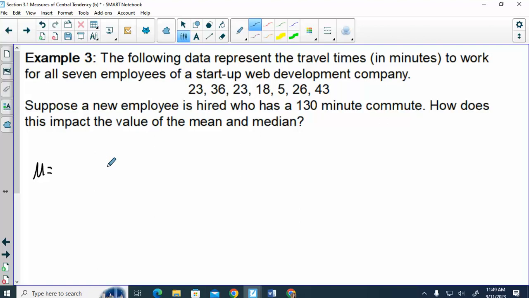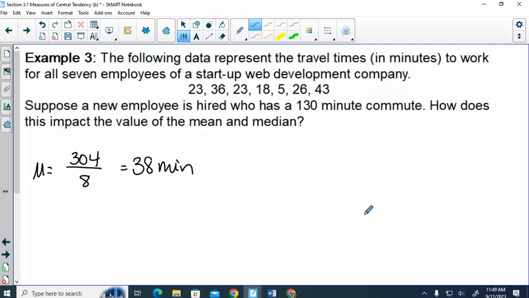So, my mean, I add all these up, including my 130. I'm going to divide by 8. So my new mean is 38 minutes.